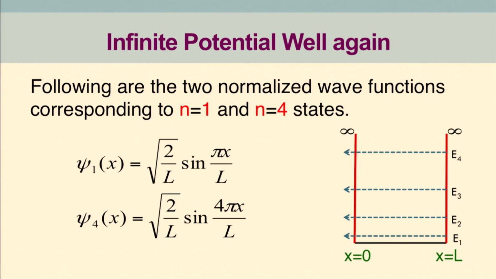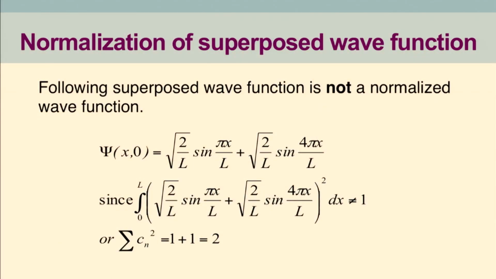So suppose the particle exists in this infinite potential well as a superposition of these two wave functions, which means I can write the total wave function psi x0 as a linear combination of psi 1 and psi 4: root 2 by L sine pi x by L and root 2 by L sine 4 pi x by L.